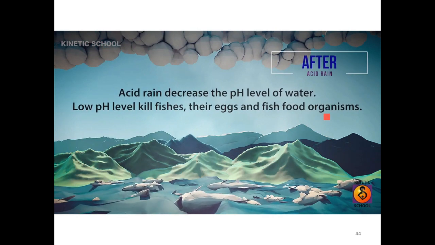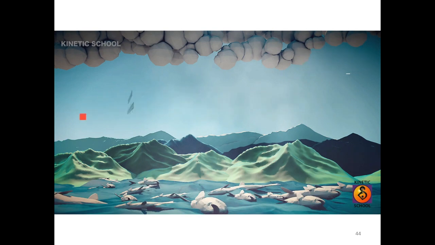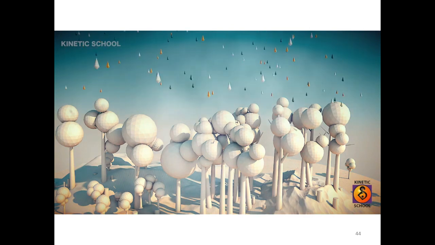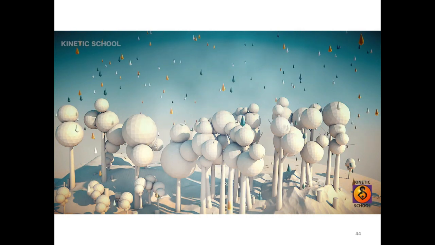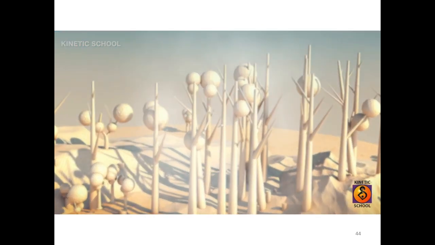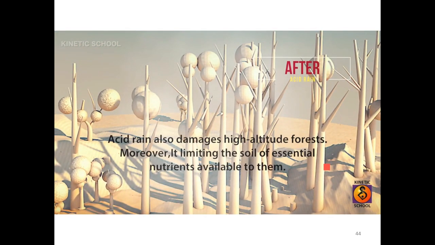Acid rain decreases the pH level of water. Low pH level kills fishes, their eggs and fish food organisms. Acid rain also damages high-altitude forests. Moreover, it limits the soil of essential nutrients available to them.